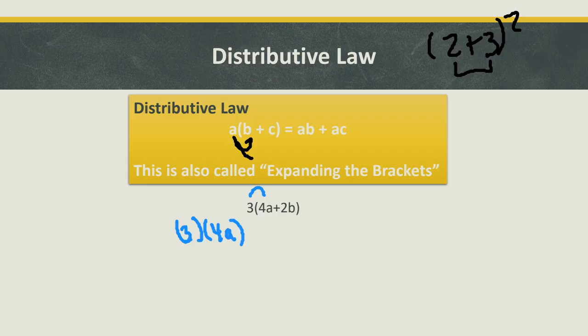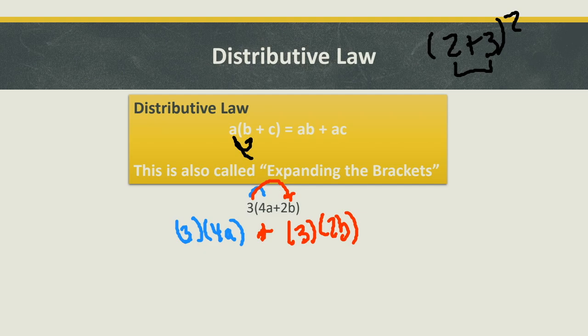Then we're going to switch to red. There's also a 3 that has to be brought through to this term. So I have a plus in between because it's a positive sign here, but we're going to use a plus every time. Sometimes the sign will change, but it depends on what the sign is of the terms. But anyways, plus 3 times 2b. So that second arrow is 3 times the second term.